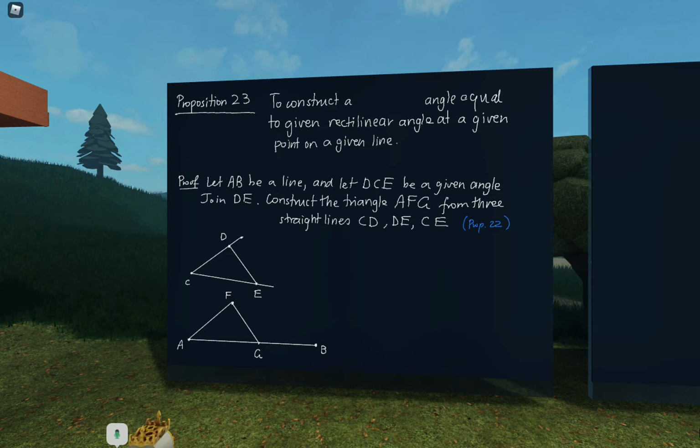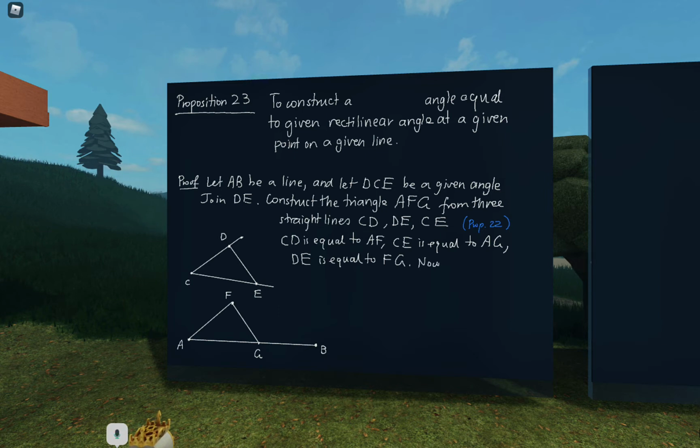Okay, so that's the triangle we've constructed with straight lines CD, DE, CE. So to be precise, CD is equal to AF, CE is equal to AG, and DE is equal to FG. That should line up with the picture above, I hope. CE, AG, DE, FG, yes.